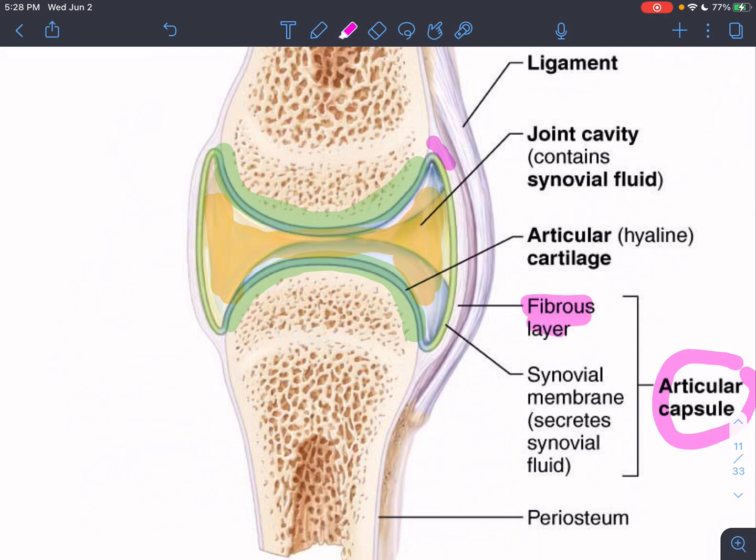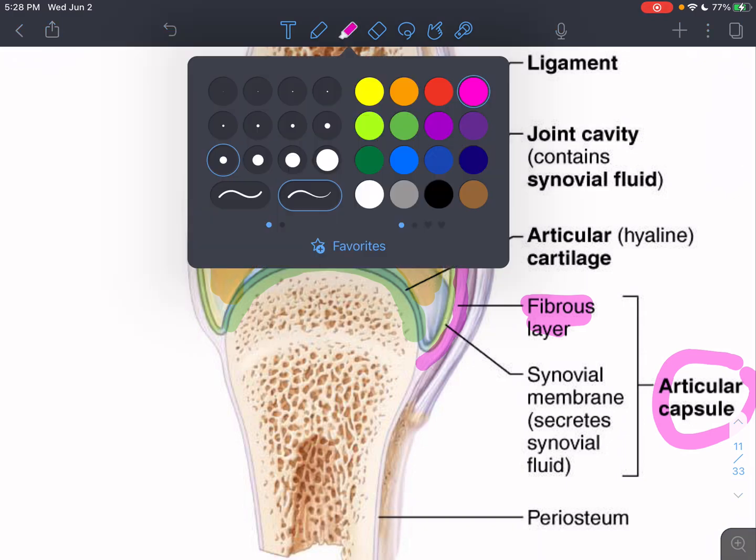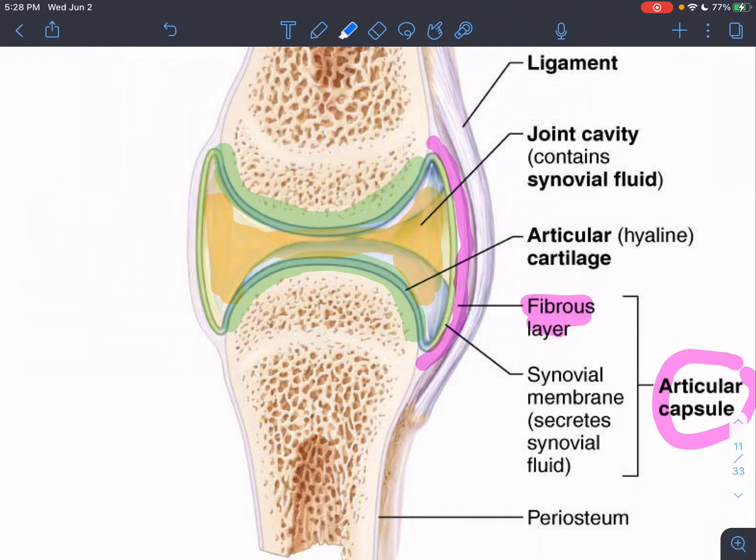So this layer here, again, made of dense, irregular connective tissue. And then deep to that, we have the synovial membrane, which is a loose connective tissue. So this layer right here, it's hard to see these colors, but the more inner layer is going to be making the synovial fluid and releasing it into the joint cavity.